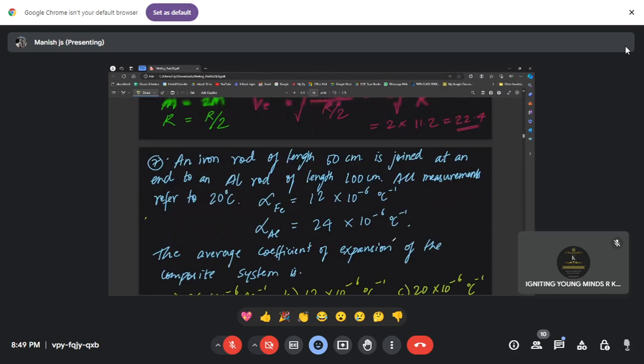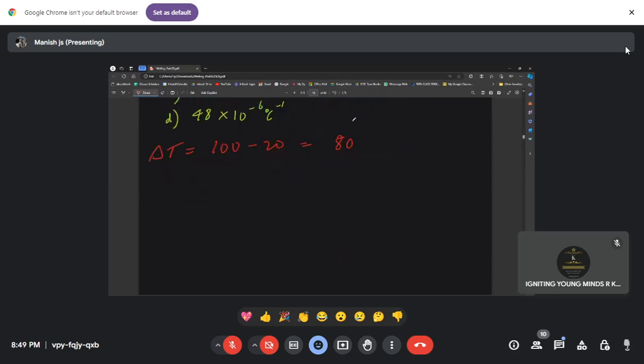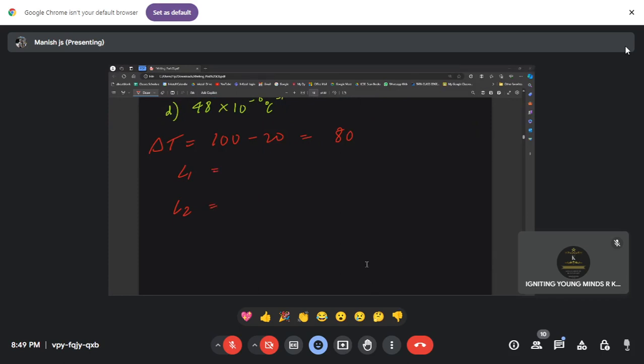So you can find out delta T, which is final temperature minus initial temperature. Delta T is going to be fixed for both of them. So it's 100 minus 20, which is 80. So 80 is your change in temperature. Similarly, find out the values for the first rod and the second rod. Make use of the coefficient of linear expansion formula. What is the formula, children?